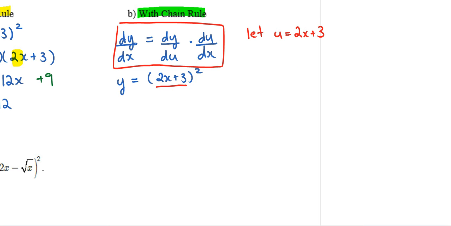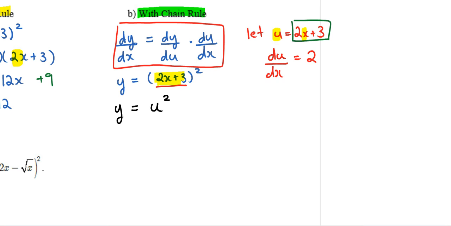Now if I wanted to take the derivative of u, du means I want to take the derivative of u, but since I have an x in my equation here, I need to take the derivative of u with respect to x. If I take the derivative of 2x plus 3, that derivative is just 2. So du by dx is equal to 2. Now, since this inside function has been assigned the letter u, I can rewrite this as y equals u to the power of 2.